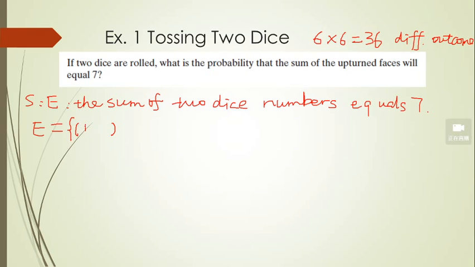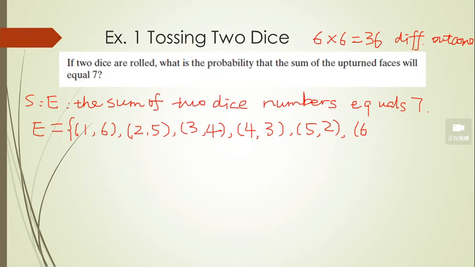So we have (1,6), in increasing order for the first number, (2,5), (3,4), (4,3), (5,2), (6,1). Any others? We are not going to have (0,7) or (7,0), because you are not going to see the number 0 showing on the die.